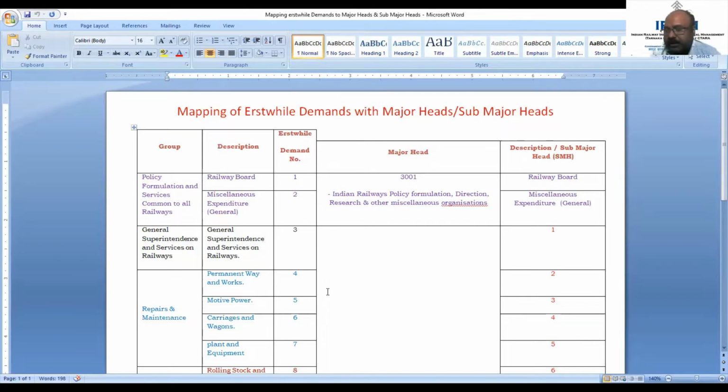It is divided into 2 sub-major heads, but there is no sub-major head number 1 and 2, because there are only 2 divisions. The first division, as you already know, is demand number 1, the Railway Board, and demand number 2 is the miscellaneous expenditure general. That is 3001.